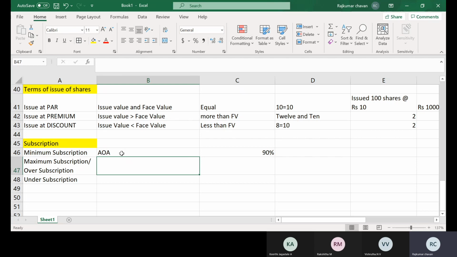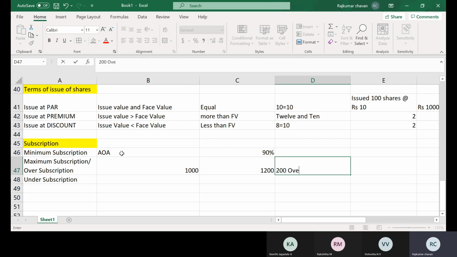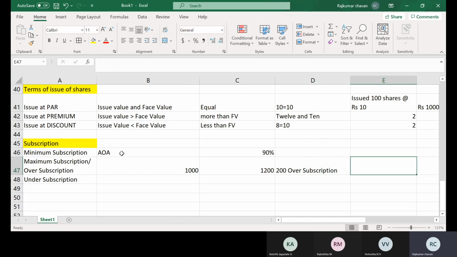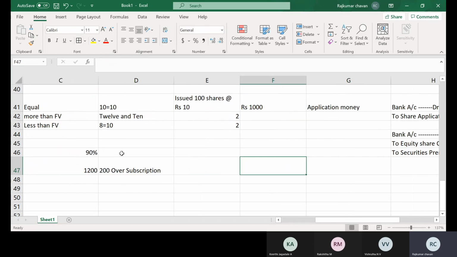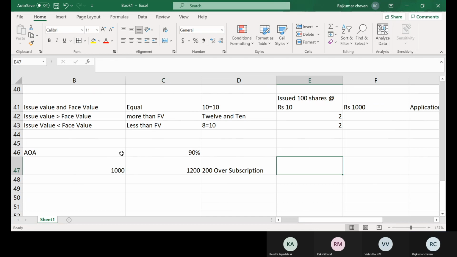What is over subscription? Let's say the company has issued 1000 shares and people have applied for 1200 shares. So 200 is my over subscription. When a company gets over subscription, it does pro rata allotment.